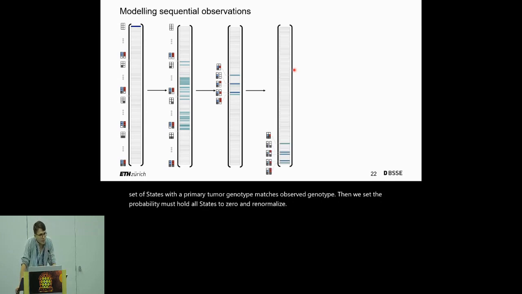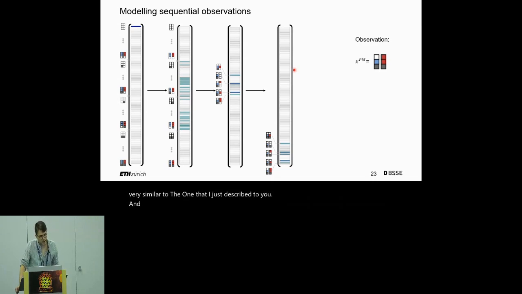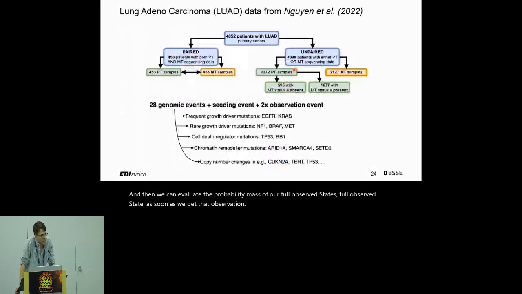Then in the next step, we propagate this distribution forward in time in a mechanism that's very similar to the one that I just described to you. And then we can evaluate the probability mass of our full observed state as soon as we get that observation. So we can give a probability for each tumor state, and with that we can define a likelihood and fit that in a maximum likelihood manner to data.